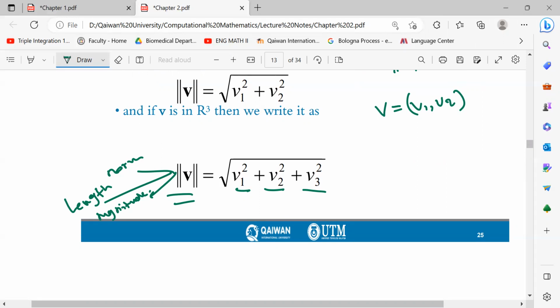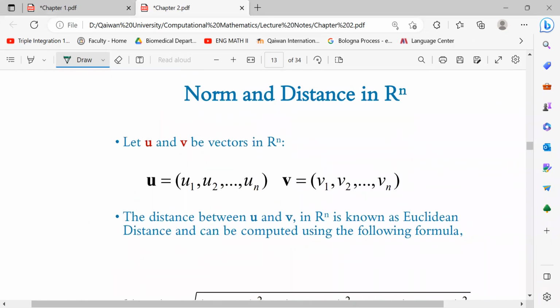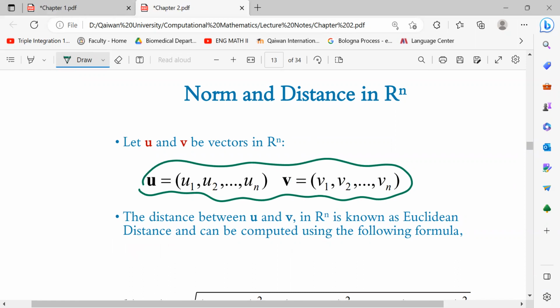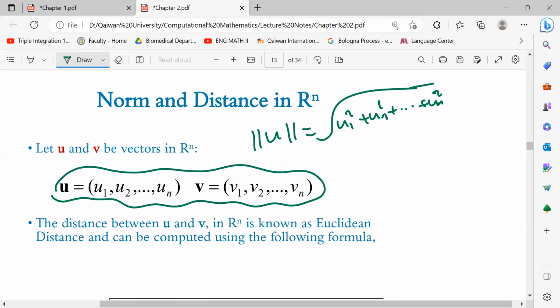It's the square root of the sum of squares of all components. If you have a vector with n components, then the norm of, let's say, u is the square root of u1 squared plus u2 squared plus up to un squared. Even for v.